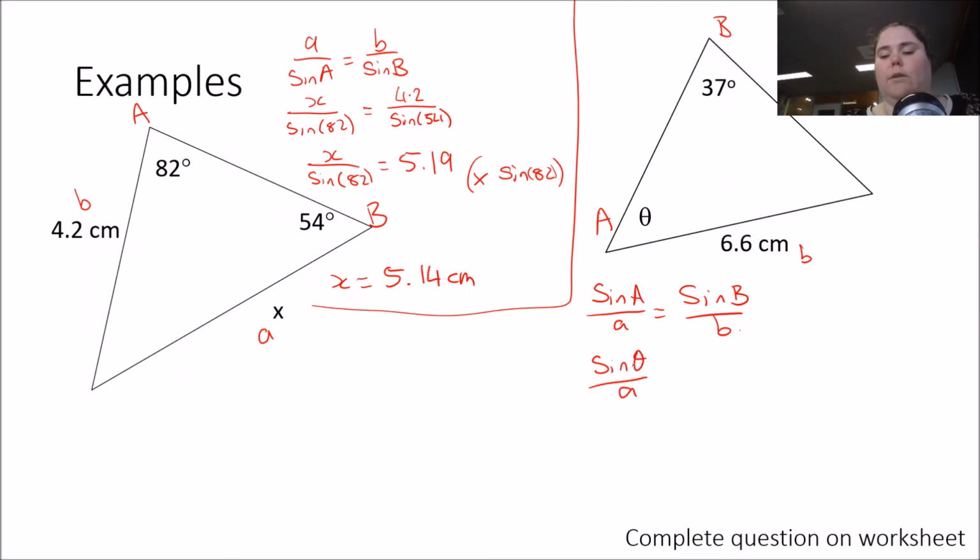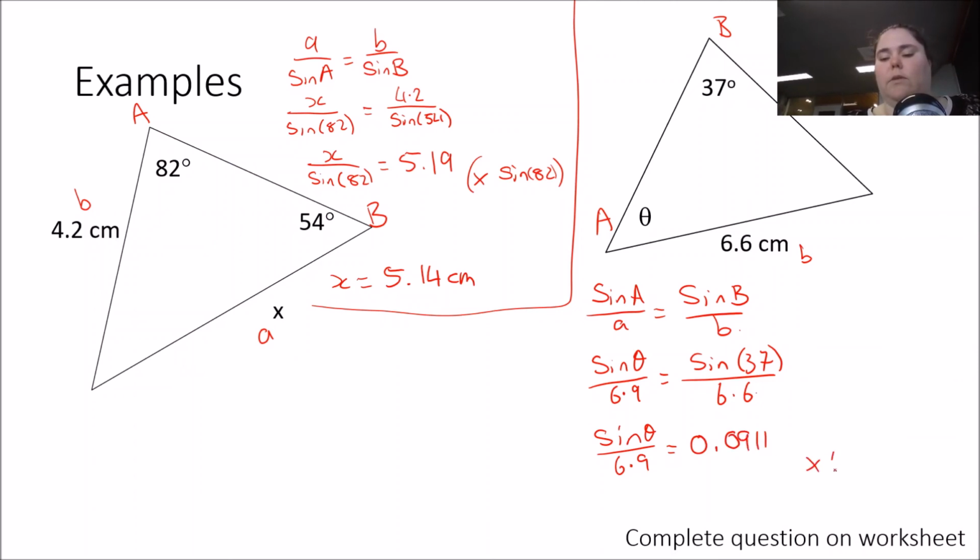Oh, that's not an A, that's a 6.9, over 6.6. Okay, so now sine theta equals 6.9 times, and I'm going to figure out what that number is. 37 divided by 6.6. So that's 0.0911.